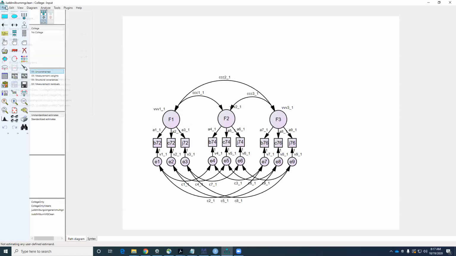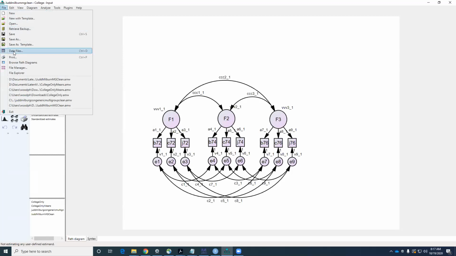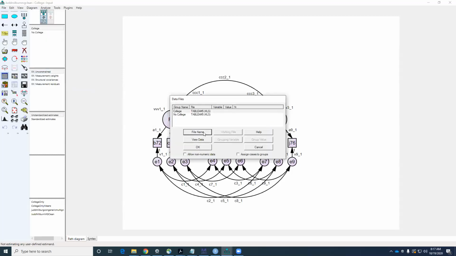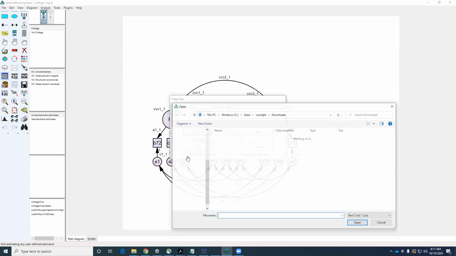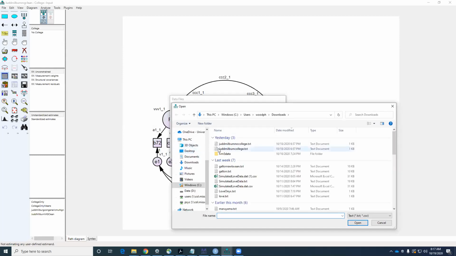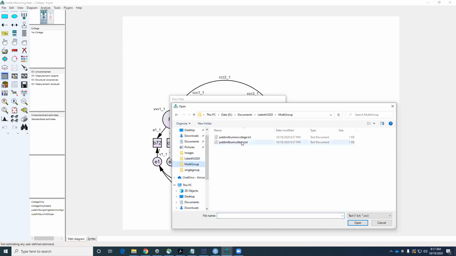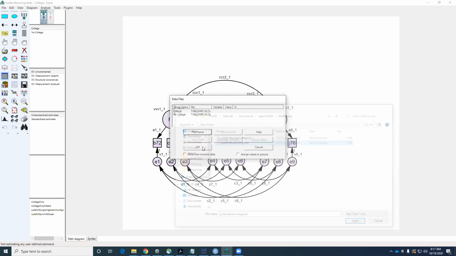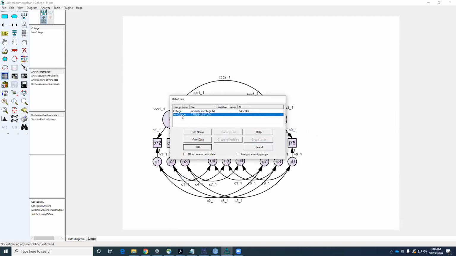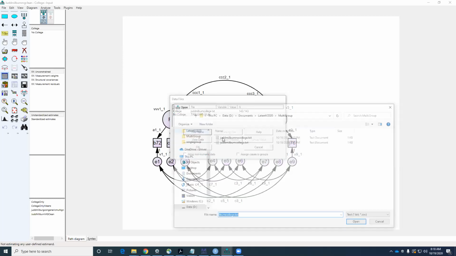Oh, I've got to go in and read the tab delimited versions of the data. Sorry. So this is the college group. Thank you. And down here, this is the no college group.